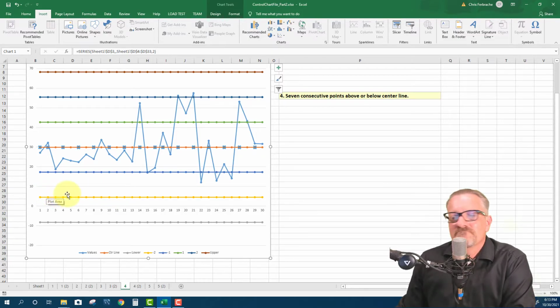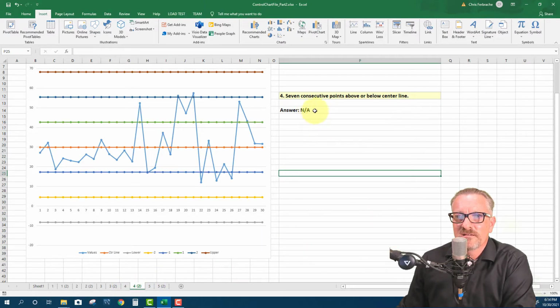It may be just because it's still technically in control, you might want to look at some of these things, or scratch your head, like what happened that day, if these are different samplings. But still, this rule doesn't apply to our data so far.